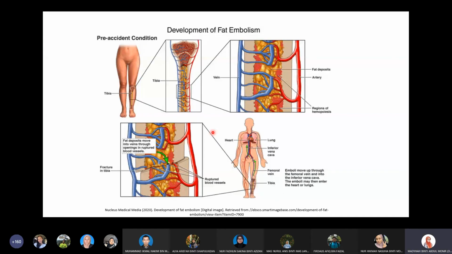So how does fat embolism develop? Usually it is from a fracture. You can see this is the bone, and the blood supply; in this case the example is the tibia bone. You can see here the fat and marrow tissue, there is marrow within the bone. When there is a fracture, the surrounding fat deposit will go into the vein openings in the ruptured blood vessel.